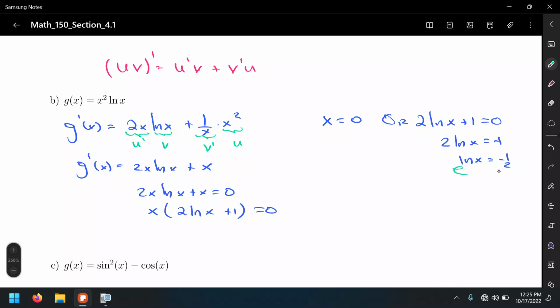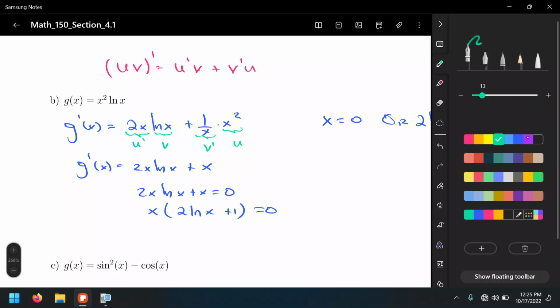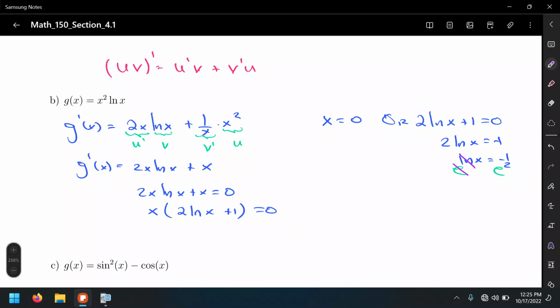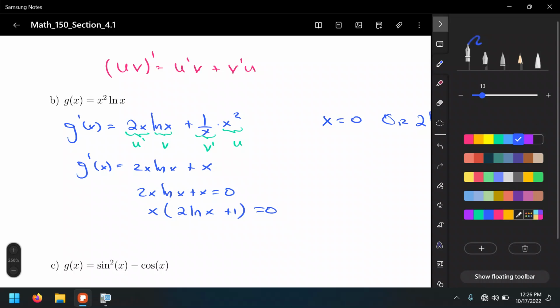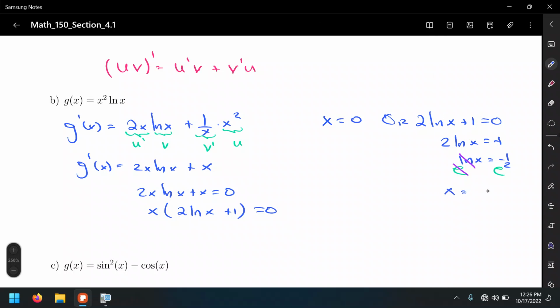We need to exponentiate both sides. Cancel e with ln. That's going to give us x equals e to the negative 1/2, or 1 over e to the 1/2, or 1 over the square root of e. Either way. So these are our two critical numbers: x equals 0 and x equals 1 over the square root of e.